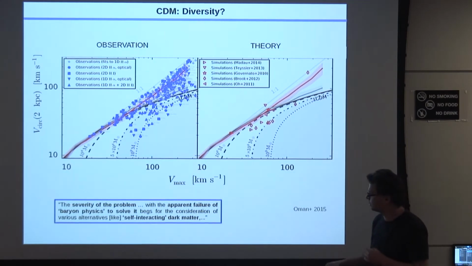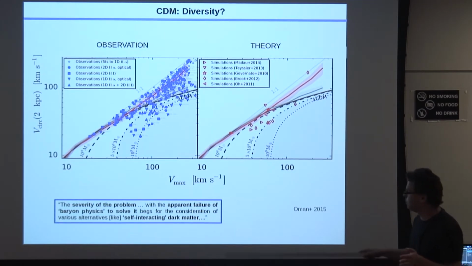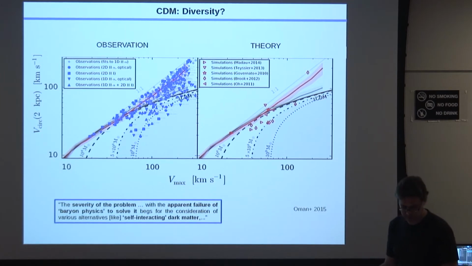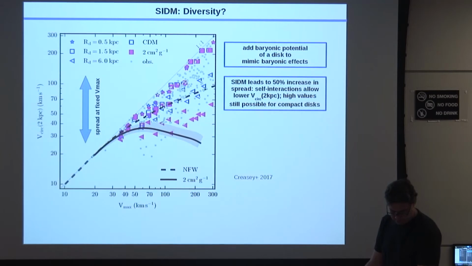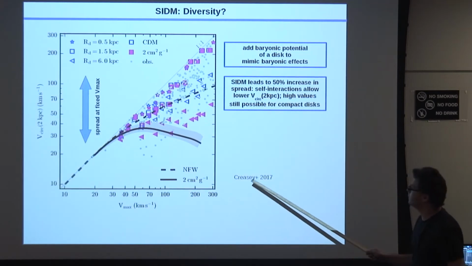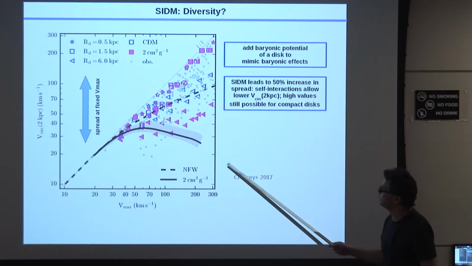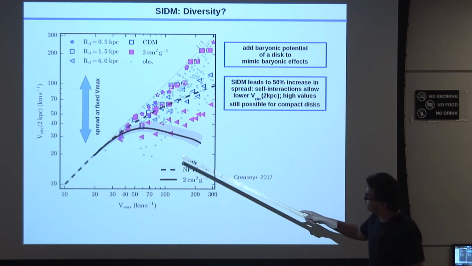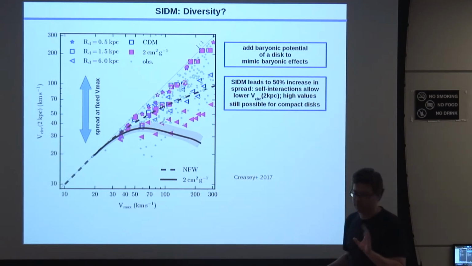This is a sentence that I took from the paper, where they also argue that SIDM, self-interacting dark matter, would be an interesting case to solve this. In fact, there was some work by a postdoc at Riverside, together with Laura Sales, who is a faculty member at Riverside, who looked at this in SIDM models.